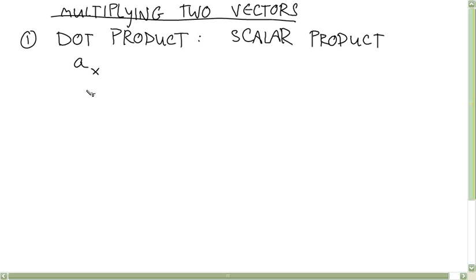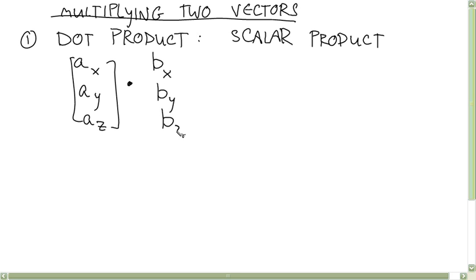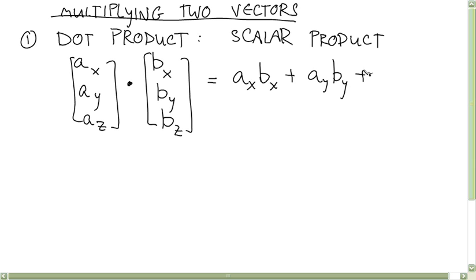So if you have a vector ax, ay, az, and you dot it with a vector bx, by, bz, you get the scalar value ax bx plus ay by plus az bz.